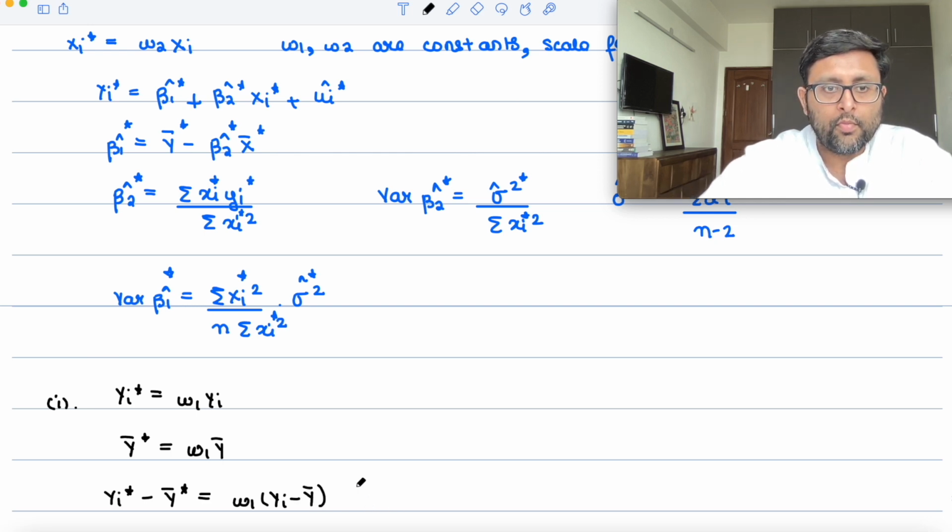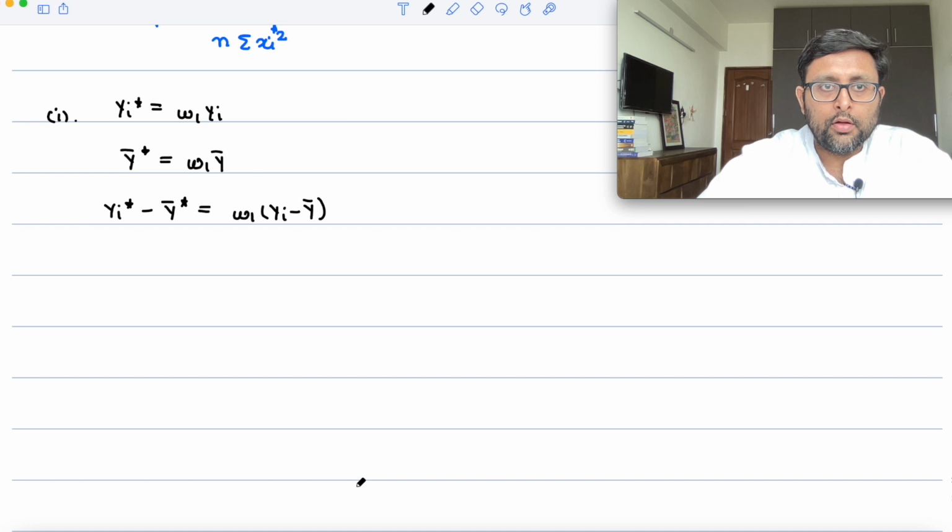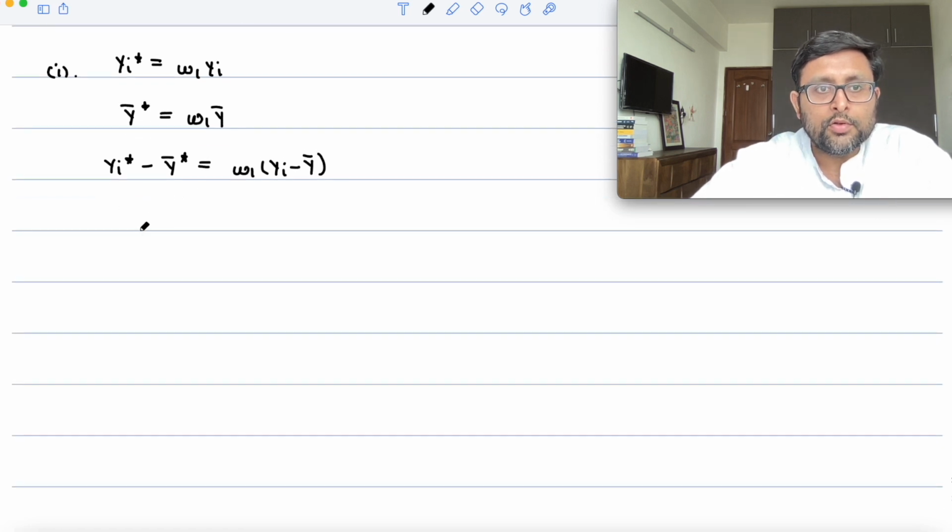So small yi star is equal to w1 small yi, right?